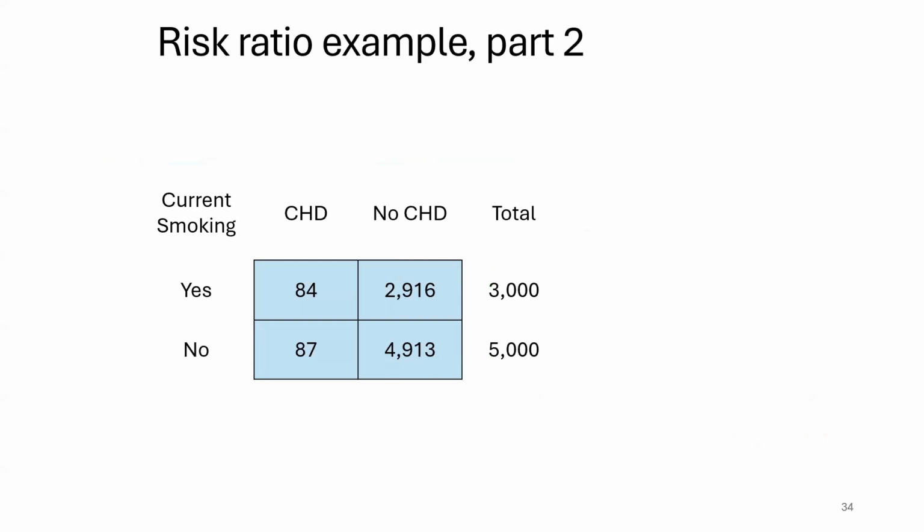So if I were to ask you to calculate the risk ratio here, we could calculate the cumulative incidence among those who were exposed, so those who smoked, and those who didn't smoke. So that ends up being 28 per 1,000 in the exposed group and 17.4 per 1,000 people in the unexposed group.